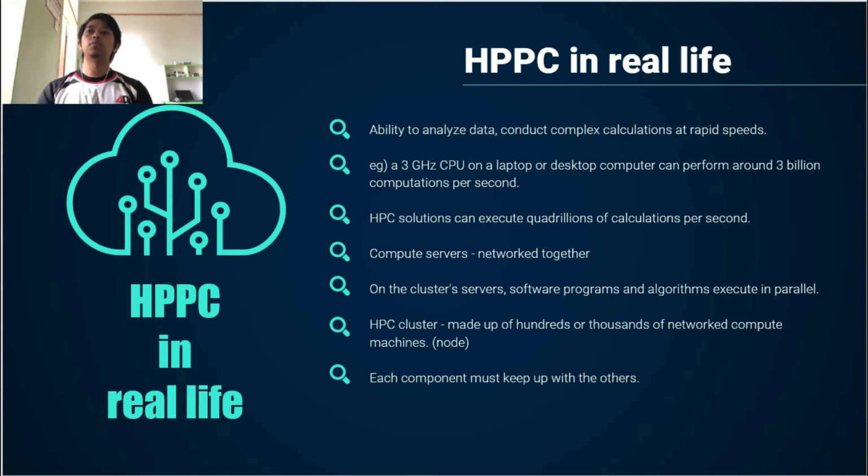To capture the output, the cluster is connected to data storage, and these components work together to execute a variety of activities in a seamless manner. Each component must keep up with the others in order to perform at its best. For example, the storage component must be able to feed and ingest data as quickly as it is processed to and from the compute servers.